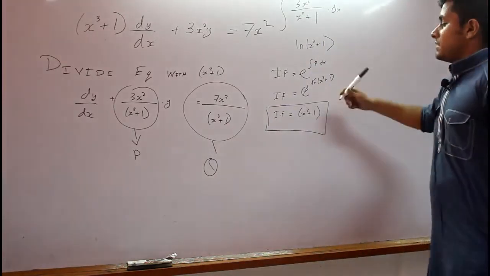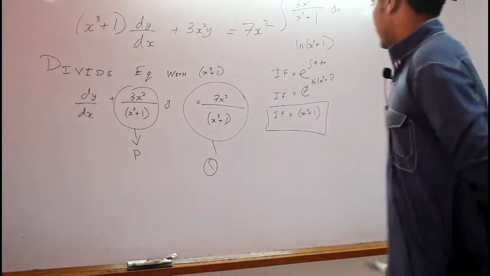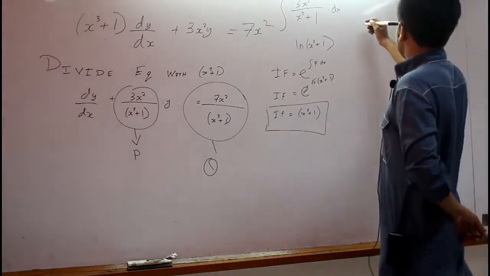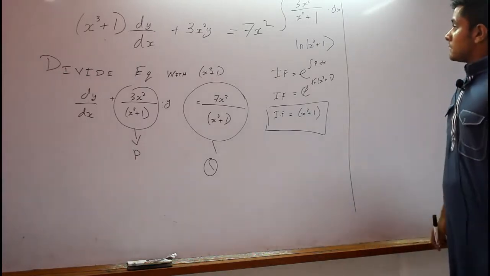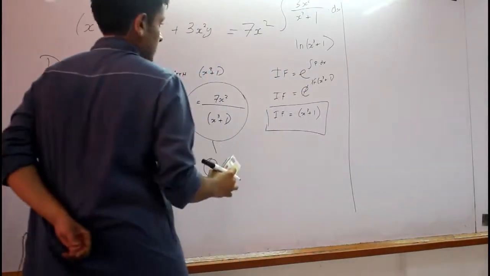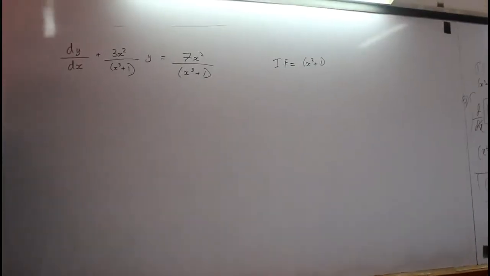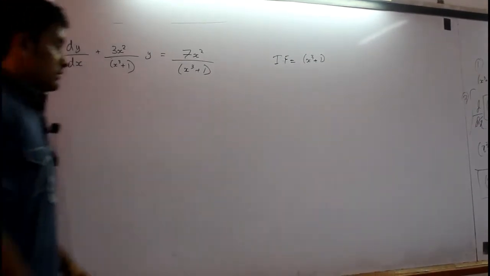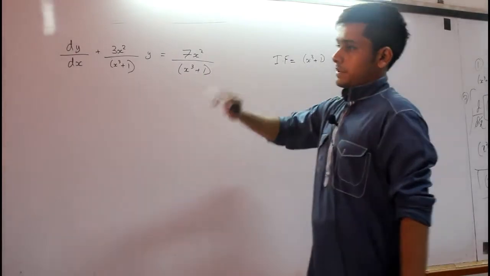We will now multiply this integrating factor with this whole equation, and then we will integrate this. Let's have a look. Now we will multiply this integrating factor with this equation.